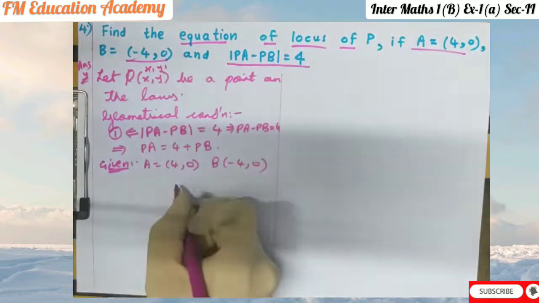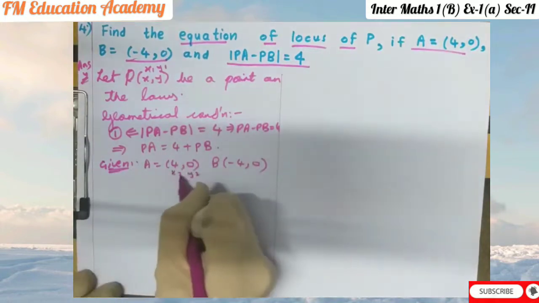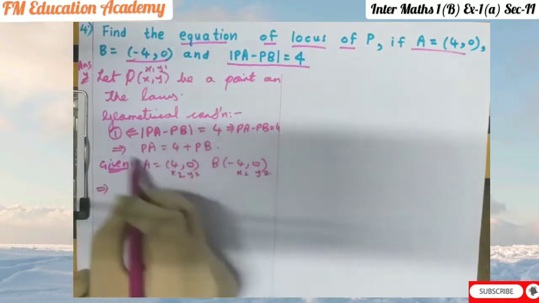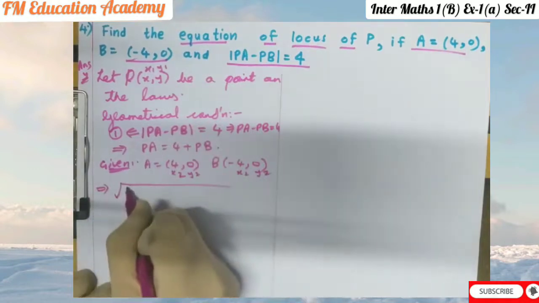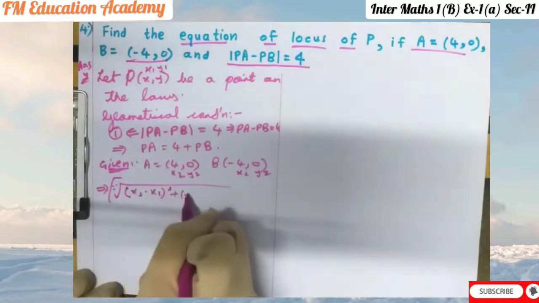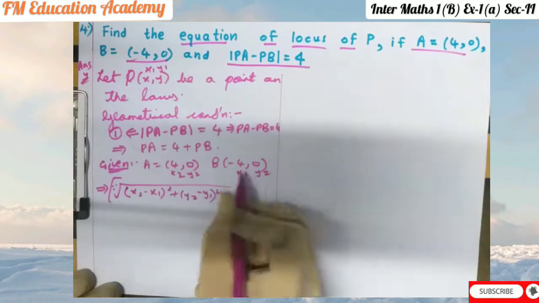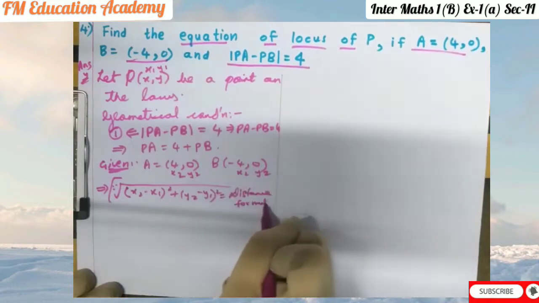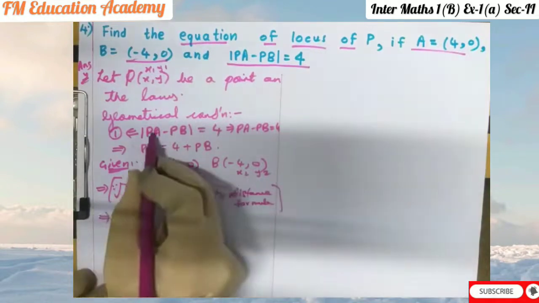So let us suppose A is (x2, y2). PA means, again we have to use the distance formula here: root of (x2 minus x1) whole square plus (y2 minus y1) whole square. Just substitute in this.